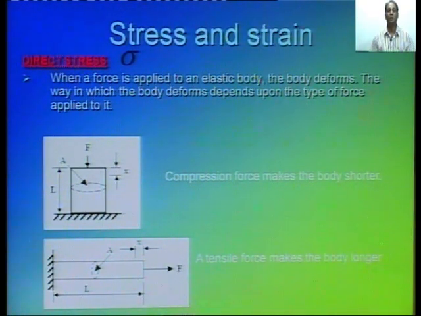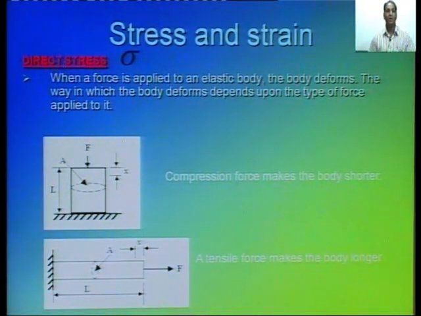This phenomenon is called elasticity. So, stress depends upon the force acting on the body. In other terms, the internal resistance offered by the body per unit cross-sectional area is called stress.